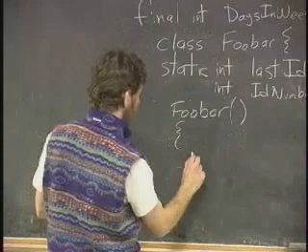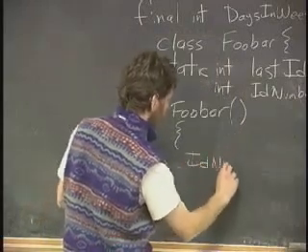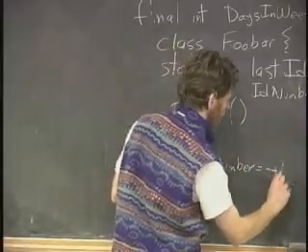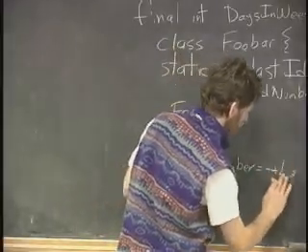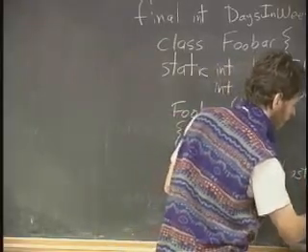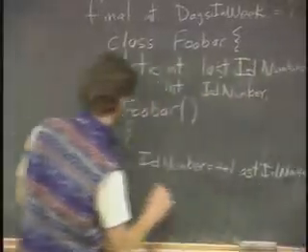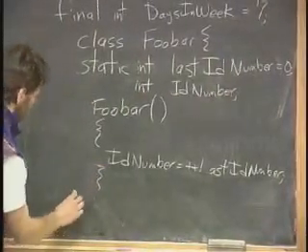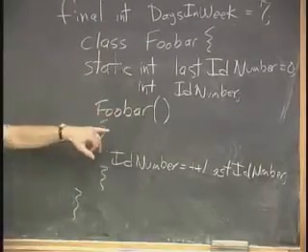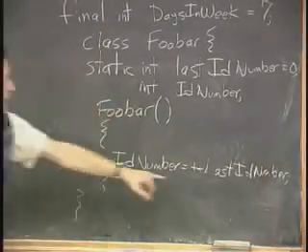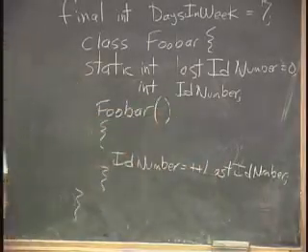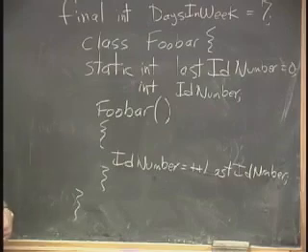So we say IDNumber equals lastIDNumber plus one. What this does in the constructor when you create a new foobar is it increments the last ID number and assigns it to the ID number for this instance.